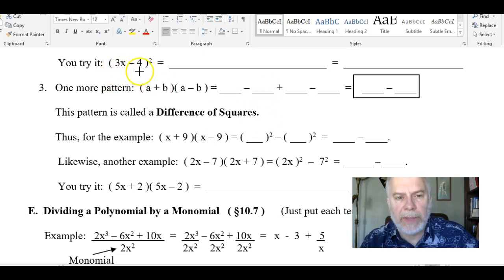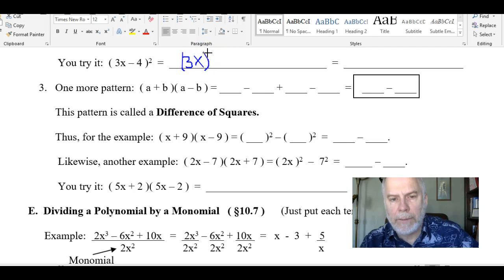All right, so we have 3x minus 4 squared. So you're going to do the pattern. So you're going to have 3x in parentheses, and then we're going to have minus, because this is a minus situation, 2 times.